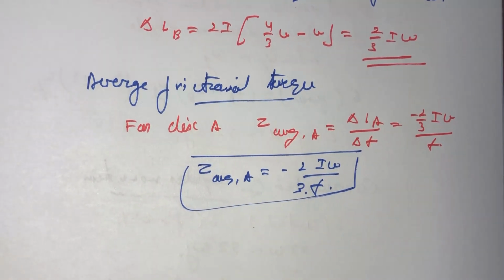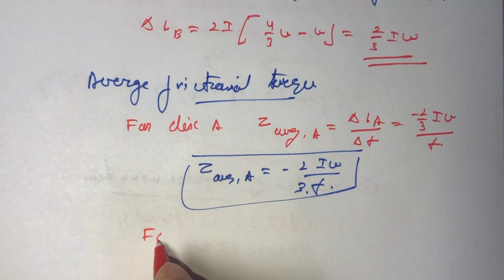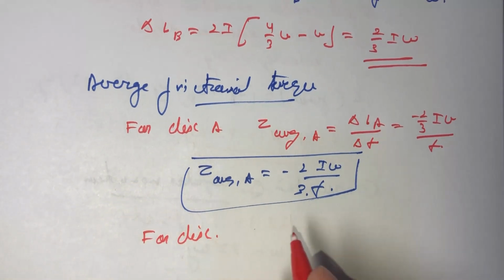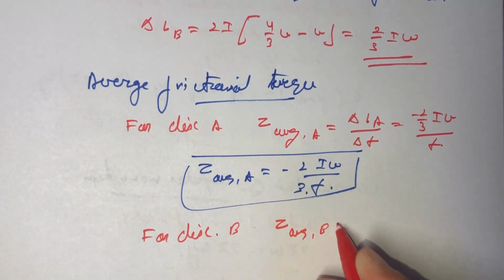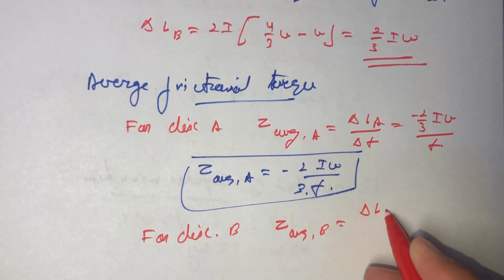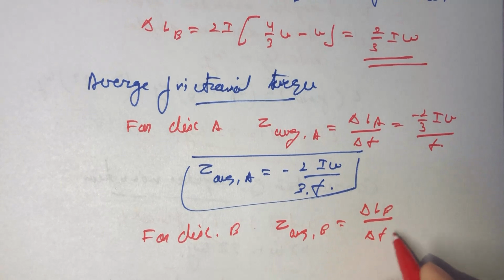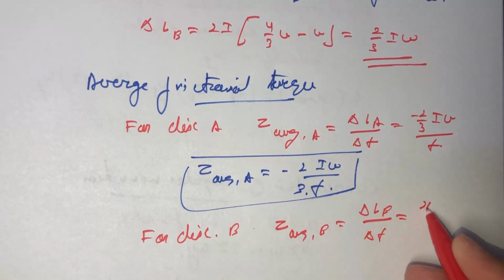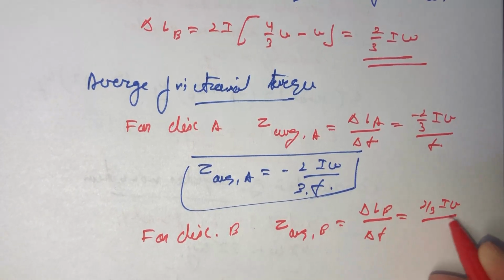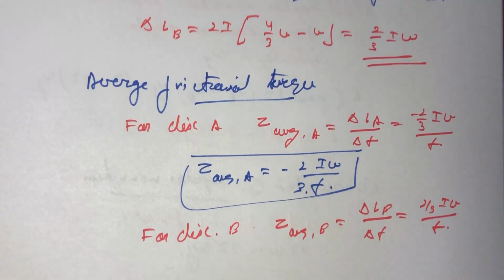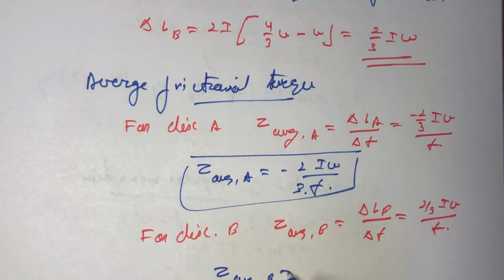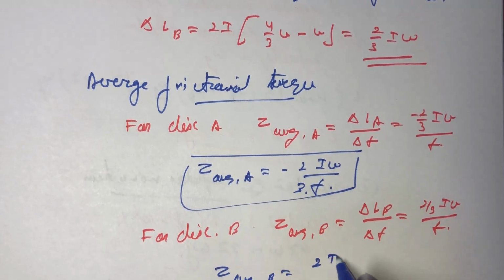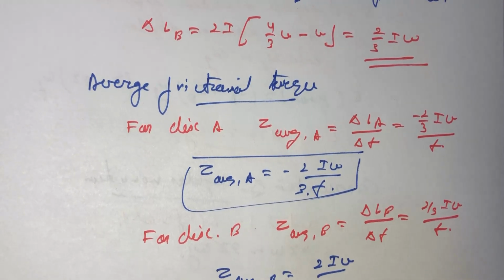Similarly, we can write for disk B. For disk B, we have tau average for B will be equal to change in angular momentum of B over time, here also it comes 2 by 3 I omega divided by time T. So we get tau average for B is equal to 2I omega divided by 3T.